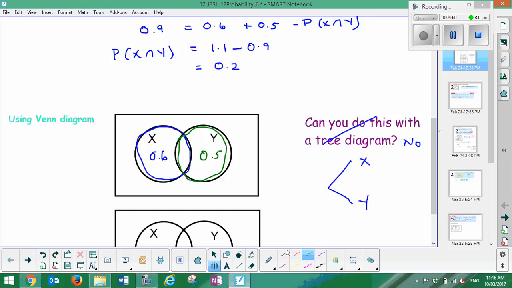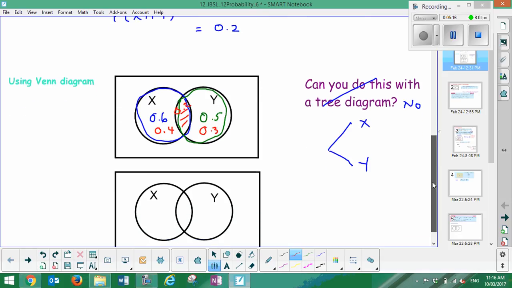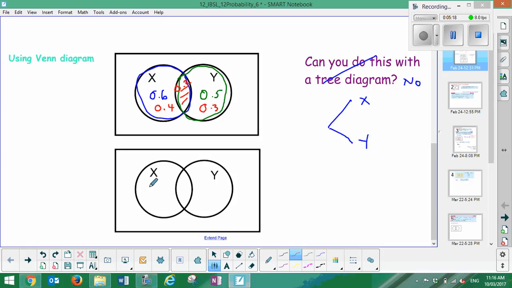But we have this overlap in the middle, and we found out that our overlap is in fact 0.2. So if that's 0.2 in here, then out here must be only 0.4, because we subtract the 0.2 from 0.6. Subtract 0.2 from 0.5, and we end up with 0.3. So in other words, we could just draw our diagram up with X as 0.4 in this region, 0.2 here, and this is 0.3.